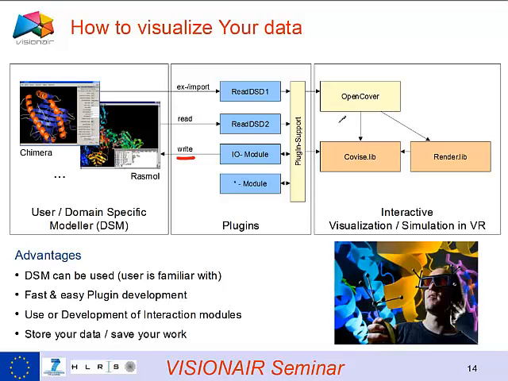If you did any manipulation to your data, of course you want to store it, and the best way would be to store it, if possible, in your original data. Further advantages are the use and development of interaction modules. So if you want to create a specific interaction with your models, with the data you're using, you can do this too.